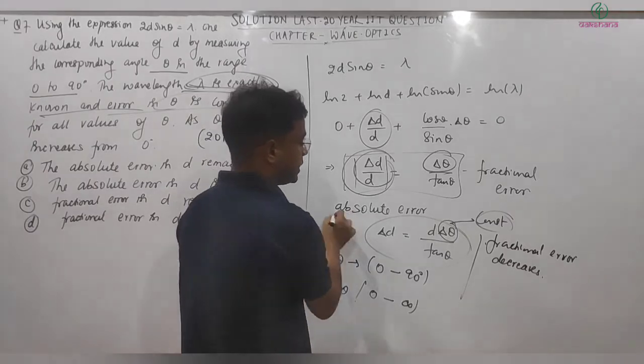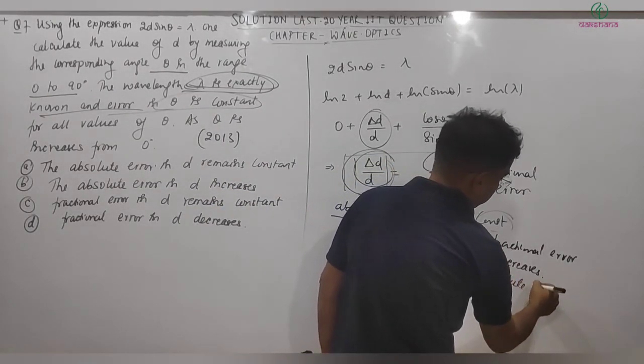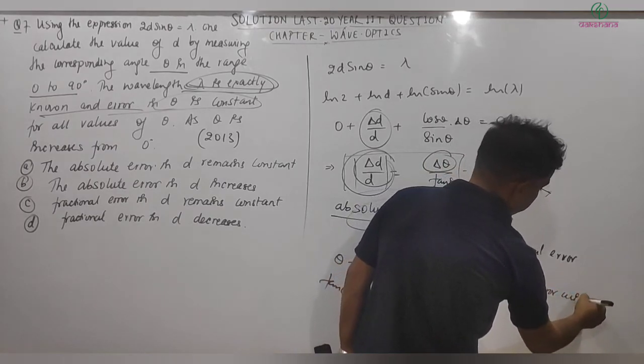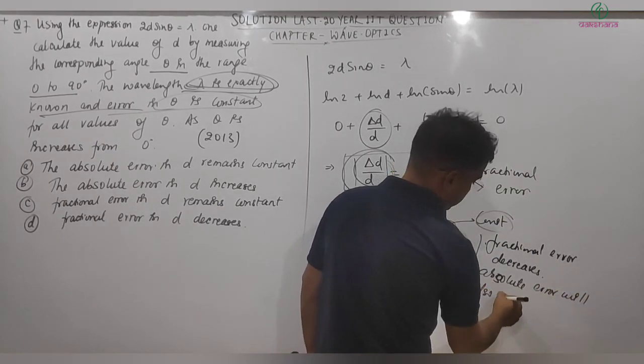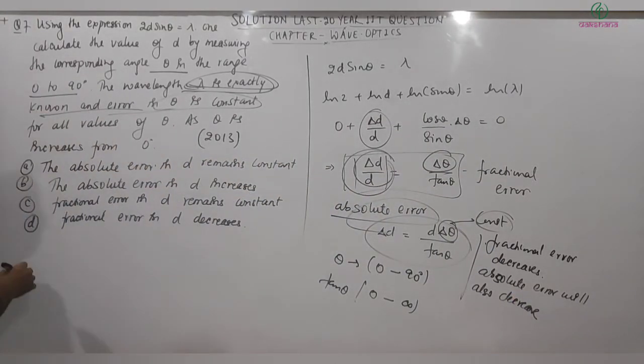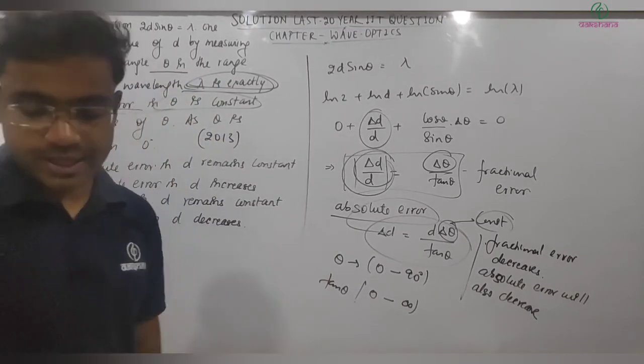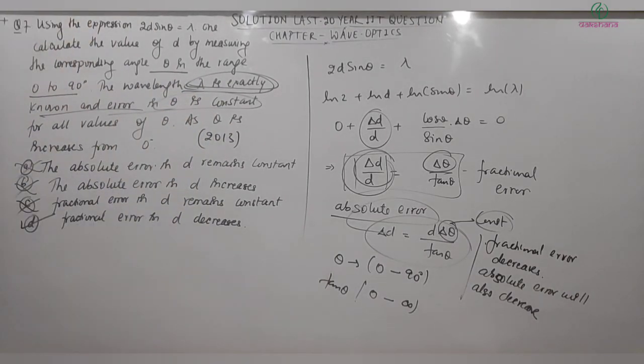And absolute error will also decrease. We can check the option now. Absolute error in D remains constant, no. Absolute error in D increases, no. Fractional error in D remains constant, no. And fractional error in D decreases. This is the right option. That is next question. It was asked in JEE IIT Advanced 2013.